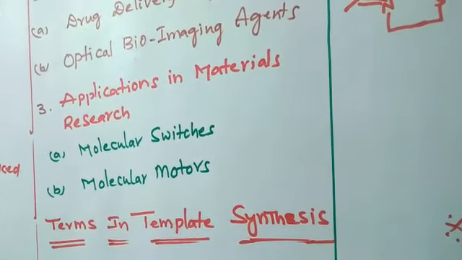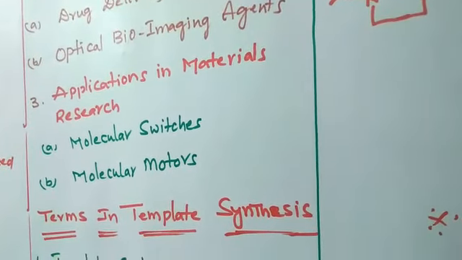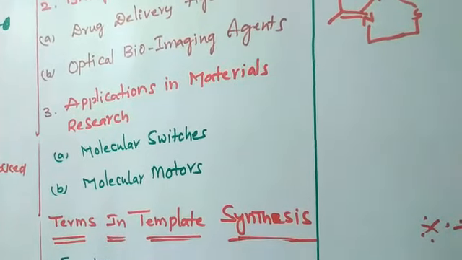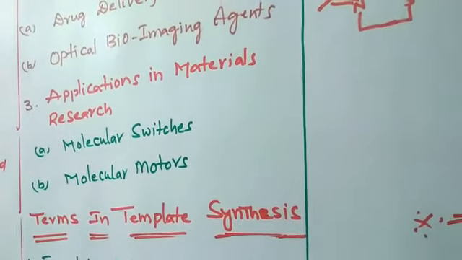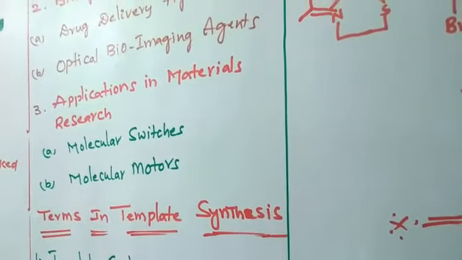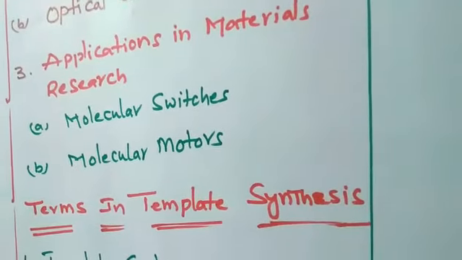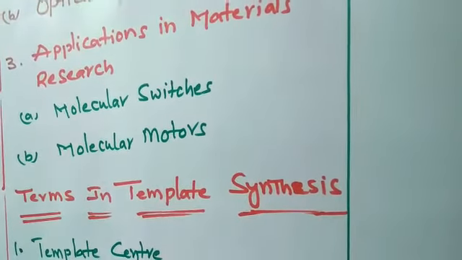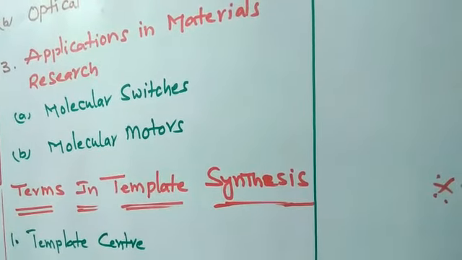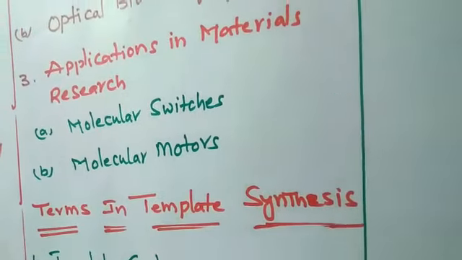Another one is molecular motors. Molecular motors are employed in biology for a wide variety of functions that often have a microscopic equivalent in engineering. Most applications of motors are in intracellular transport and cellular motility, and they are a key element of muscle tissues.